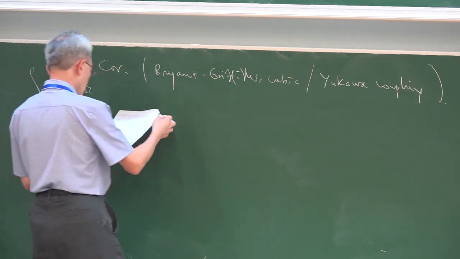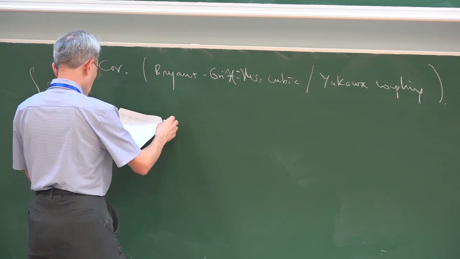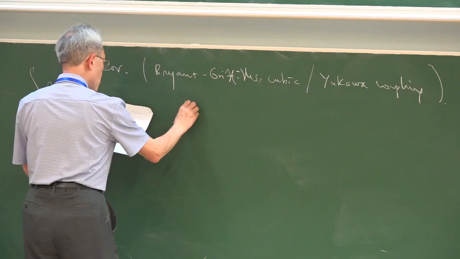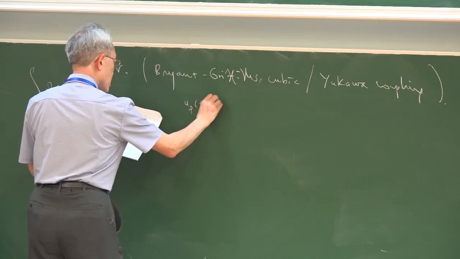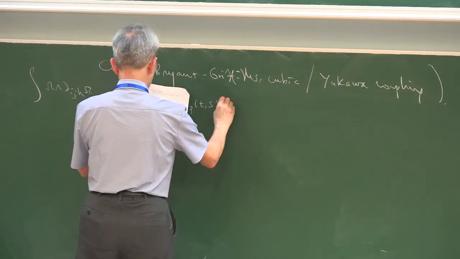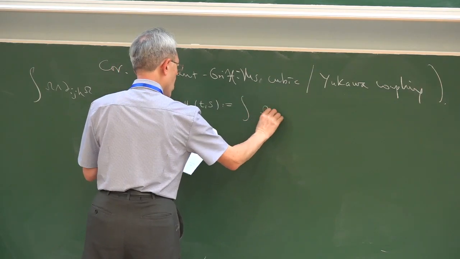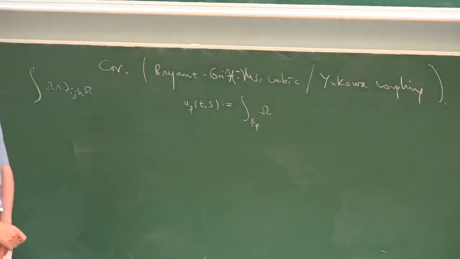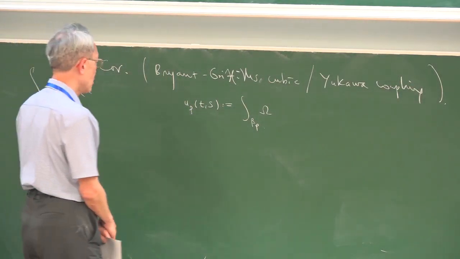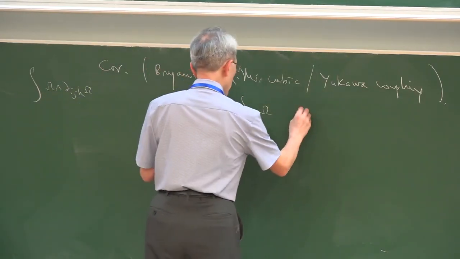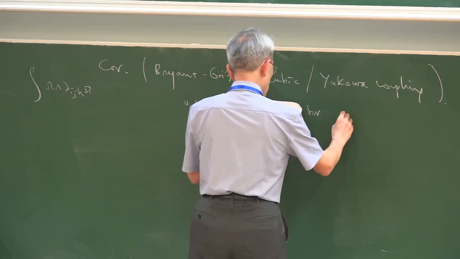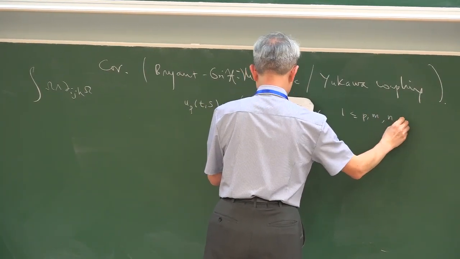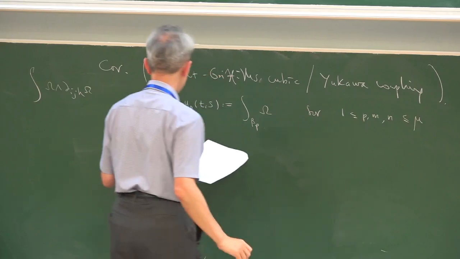And then you get, so let's denote U_P to be integration of your holomorphic form along the B cycle, P from 1 to mu.